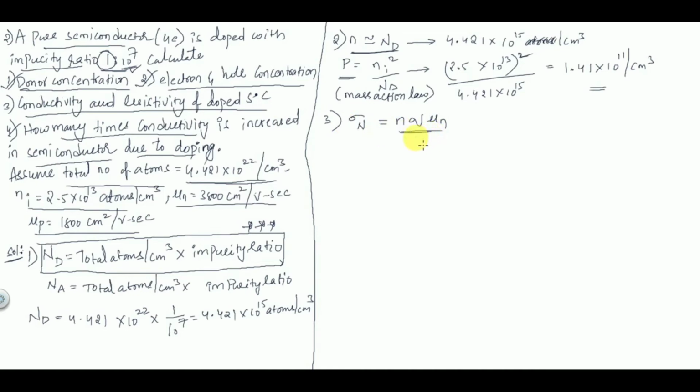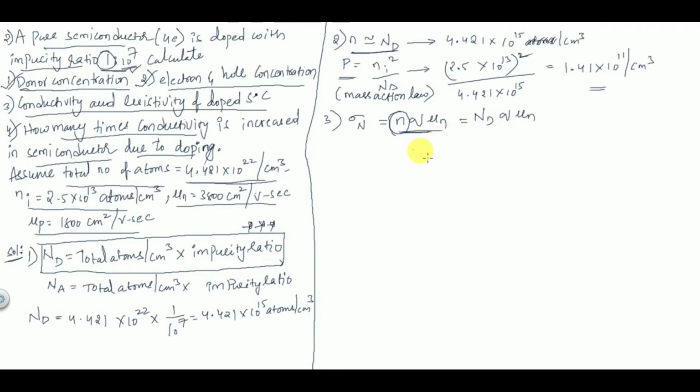Because majority carriers are more in number, they will give you more conductivity. Simple in concept. So this is the conductivity formula, NQ mu N. And what is N again? Concentration of electrons, which is equal to ND. So ND Q mu N.